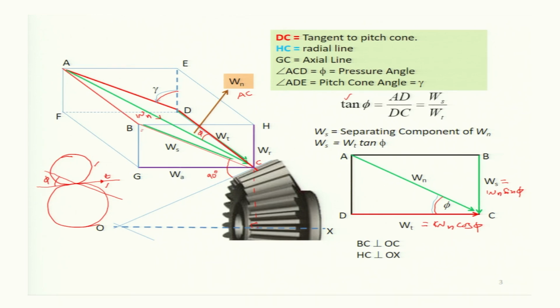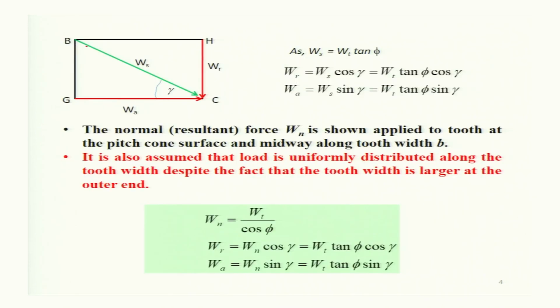In this plane, along BC, the Ws is acting, and if we know the angle BCG, we can find the component of Ws in the axial direction, that means GC, and the component of this Ws in the radial direction, WR. So, what will be the value of this angle BCG? Let us see. The angle BCG will be the pitch angle gamma.